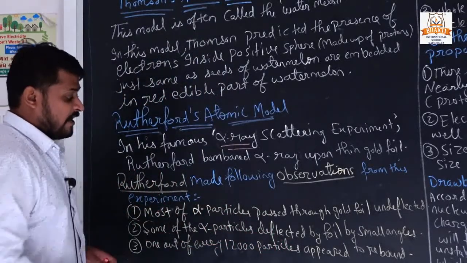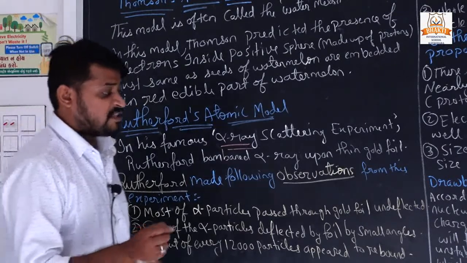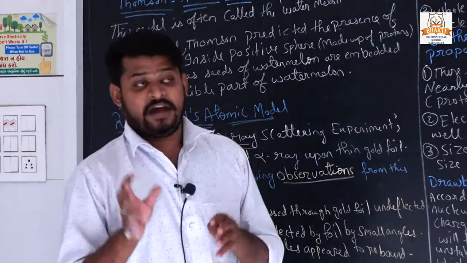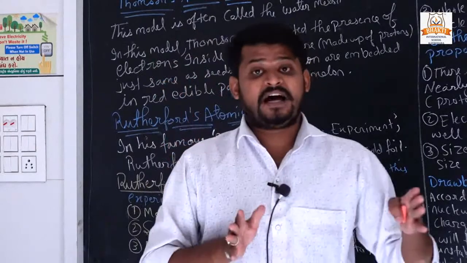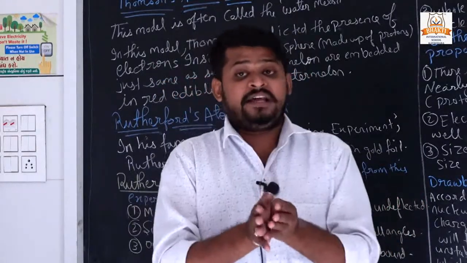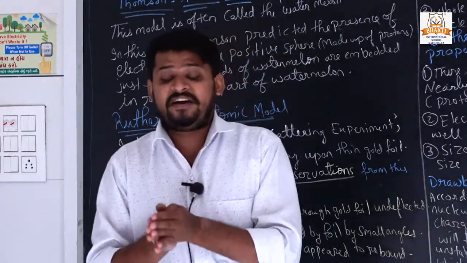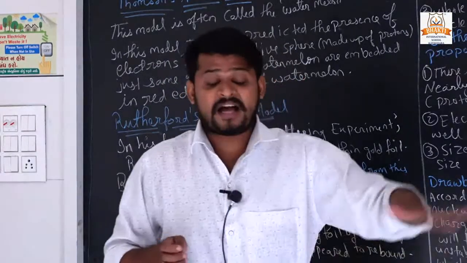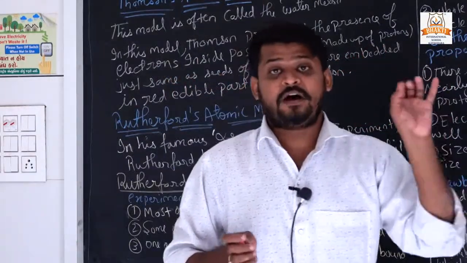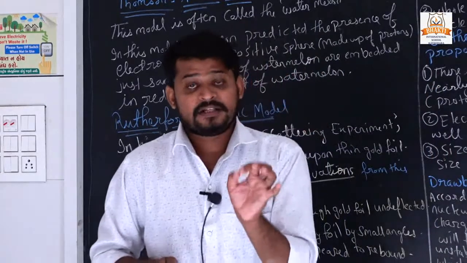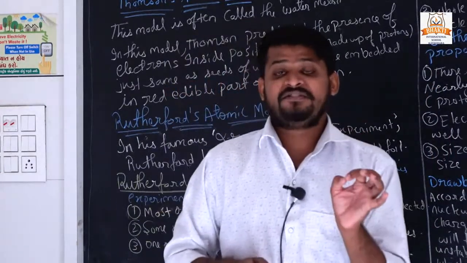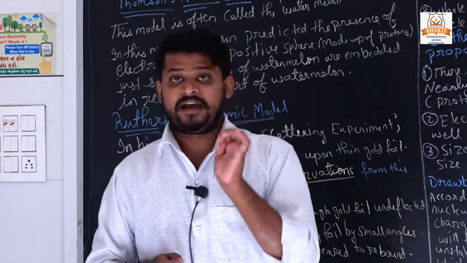Second, some of the alpha particles were deflected by the foil by small angles. Mostly the alpha rays passed through the gold foil without deflection, but some rays were deflected by small angles.